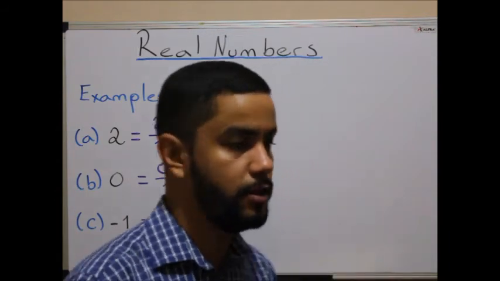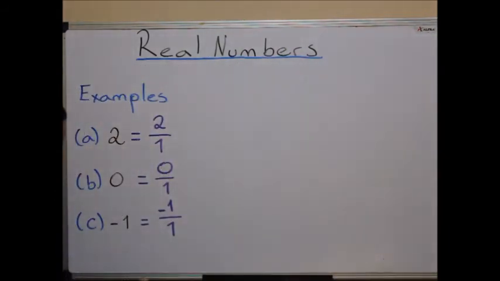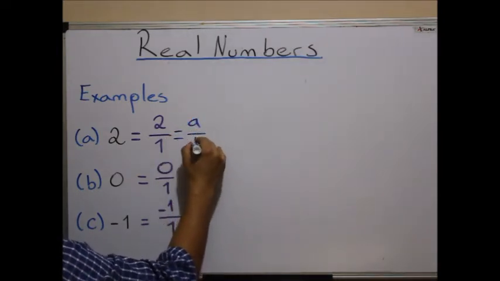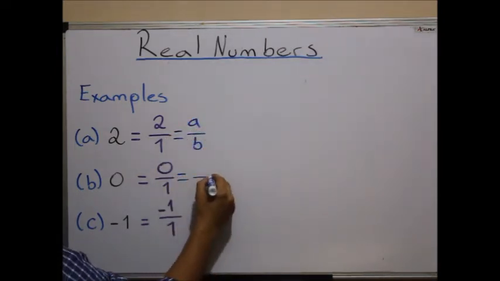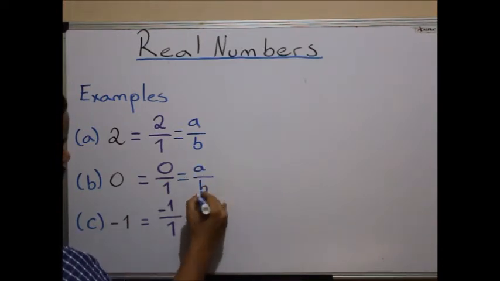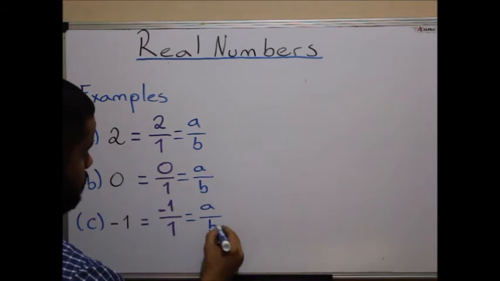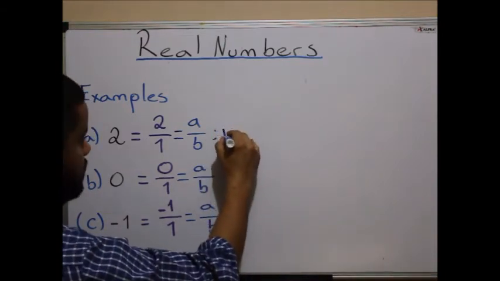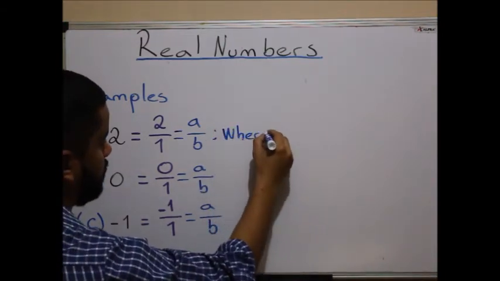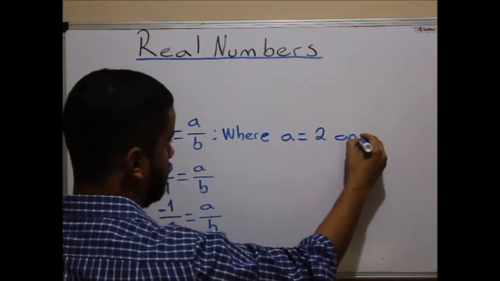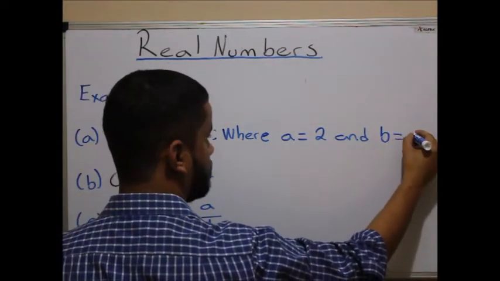So what does that mean? That means that in this fraction we have a over b. Also here it will be a over b, and in this one it will be the same, a over b. Now in this case we're going to say where a is 2 and b is 1.